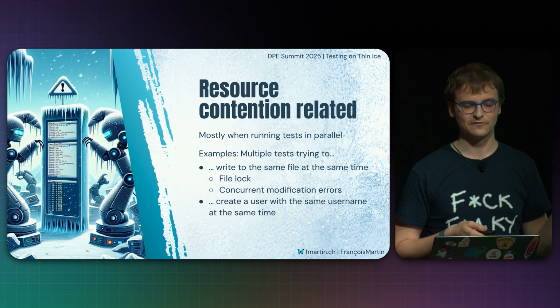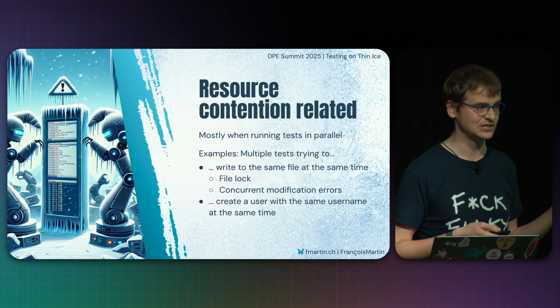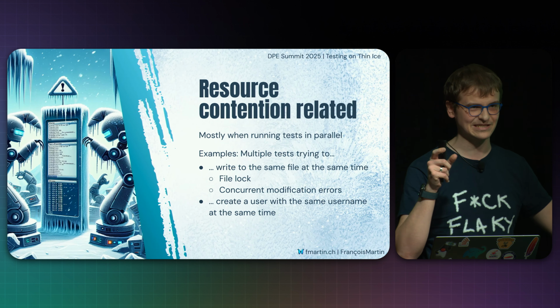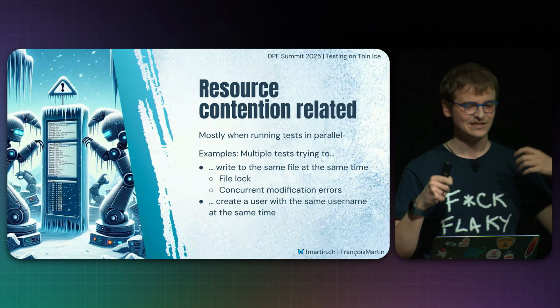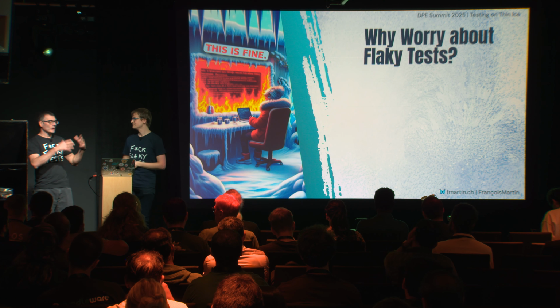Also, if you try to create a user with a username that already exists in the database, or at the same time from two different tests, then of course you might have clashes, which results in issues. Exactly, because you will run into unique constraint violations, and with that the test fails, because the second one that attempts to create the same user cannot, obviously. Right, so we know what they are.